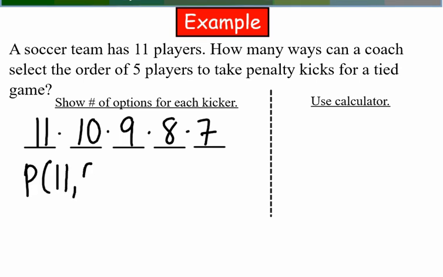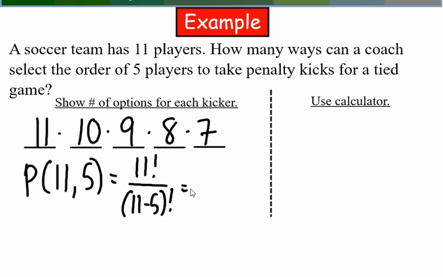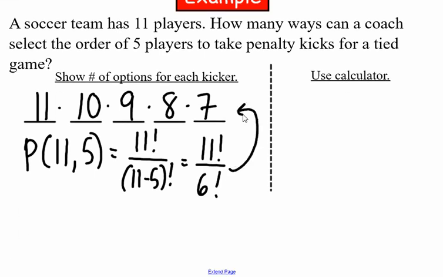Permutation 11, 5 is really 11 factorial divided by 11 minus 5 factorial, which is 11 factorial divided by 6 factorial, which means I need to not choose the last 6. I need to divide them out, which is going to leave me with 11 times 10 times 9 times 8 times 7. If you grab a calculator, it would end up being 11 times 10 times 9 times 8 times 7.